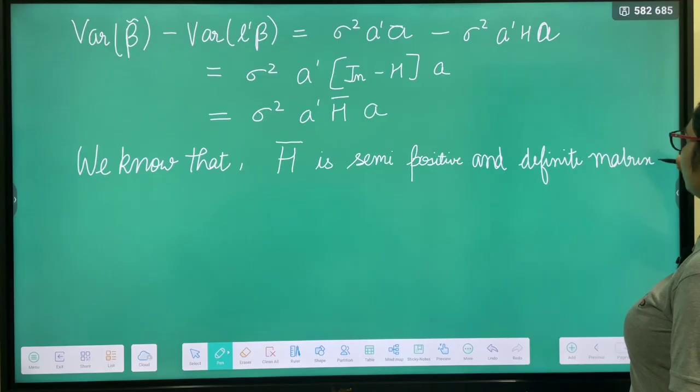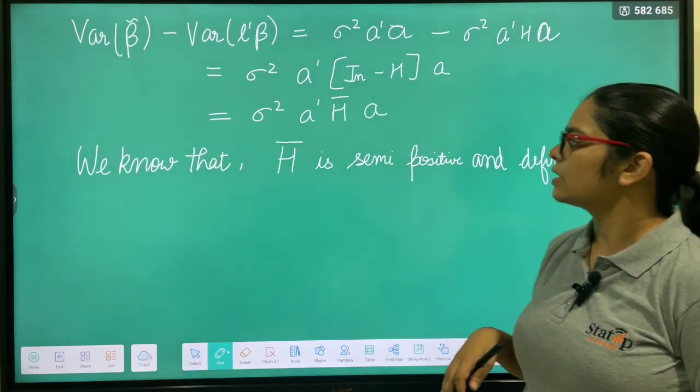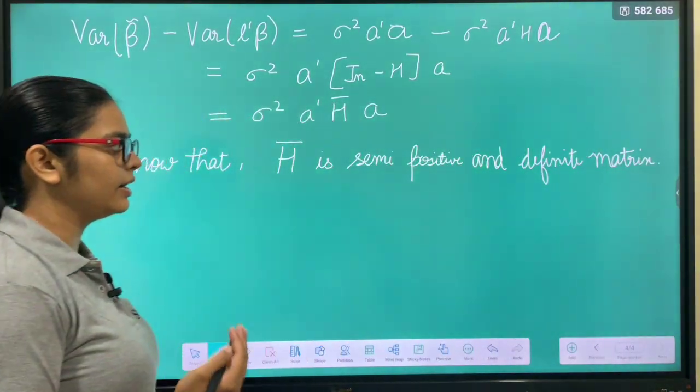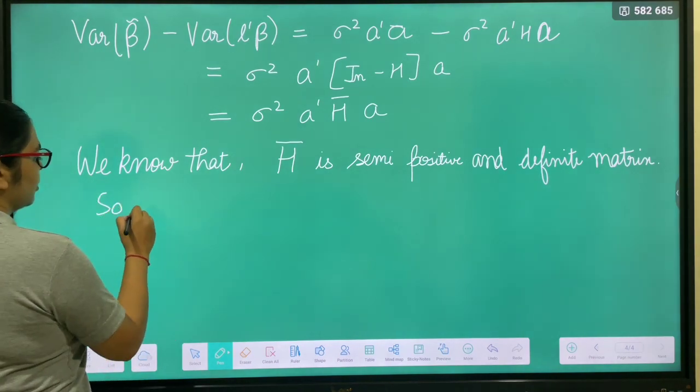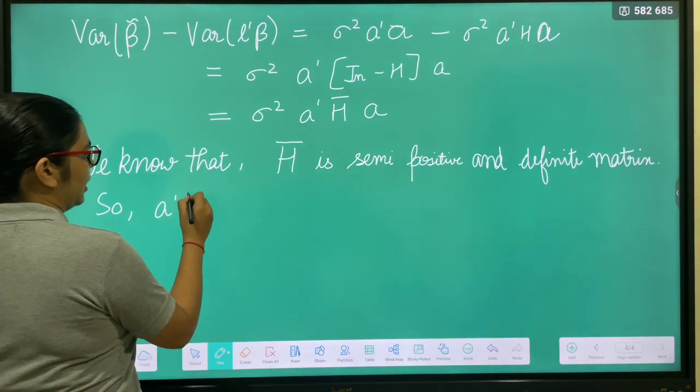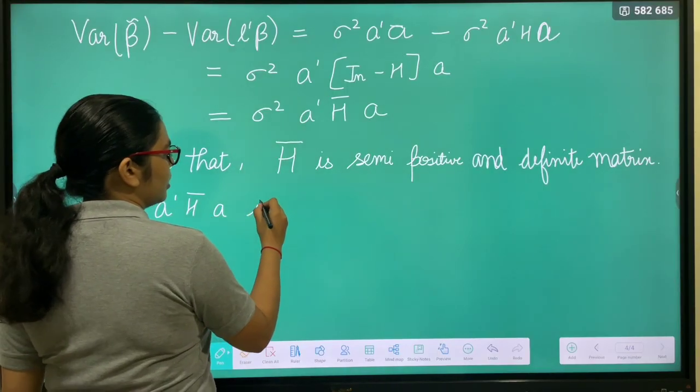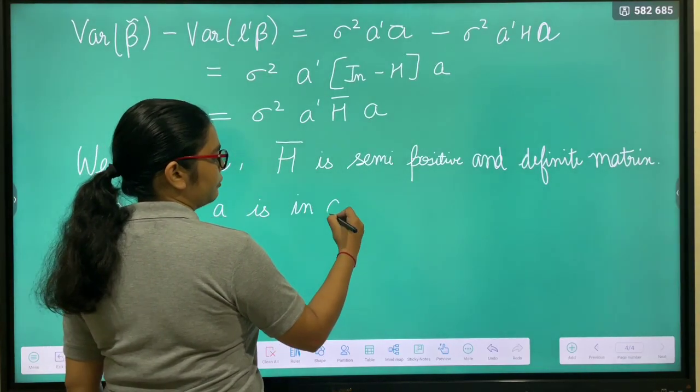This is the property of matrices. H bar is a semi-positive definite matrix, and so A dash H bar A is in quadratic form.